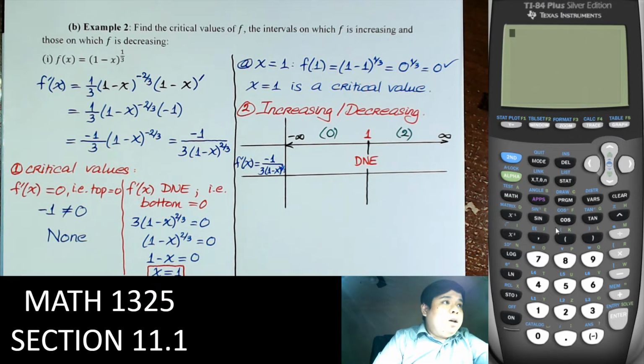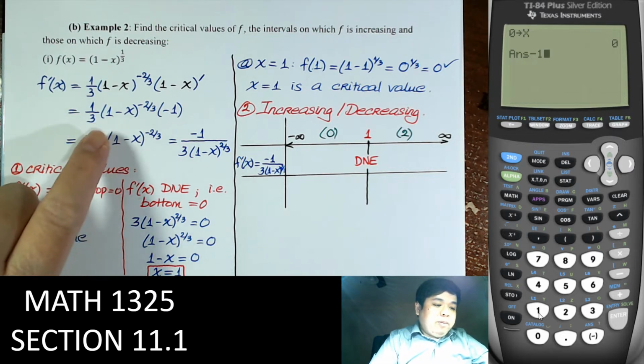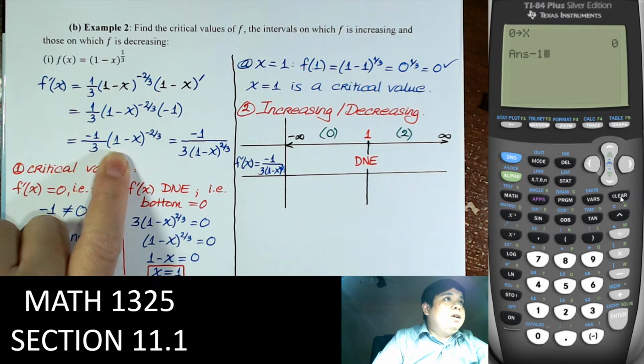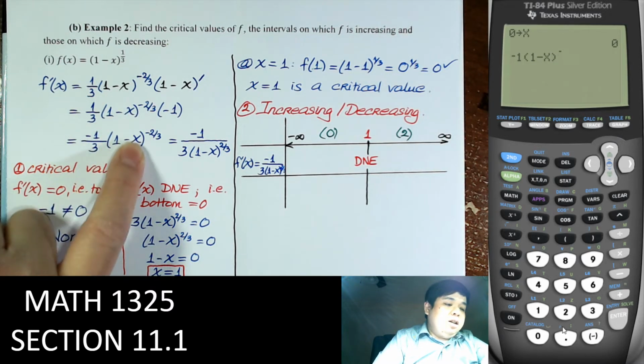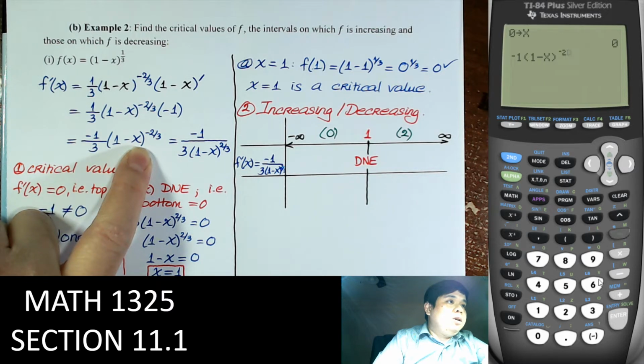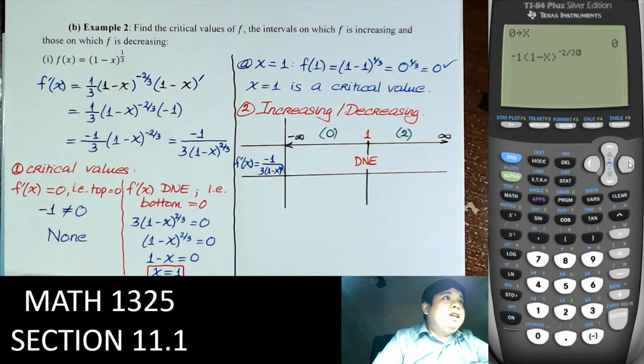For example, we store 0 into x, and just type in the derivative: negative 1 times 1 minus x to the negative 2/3, and then divide by 3.